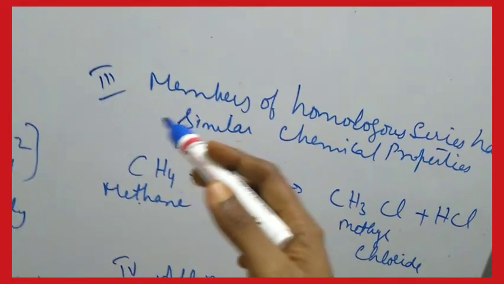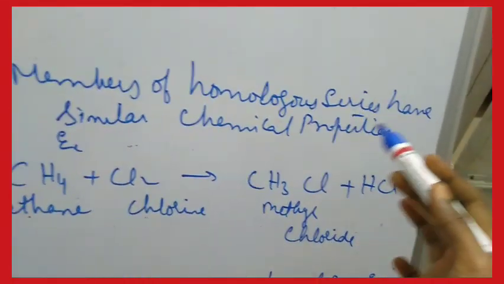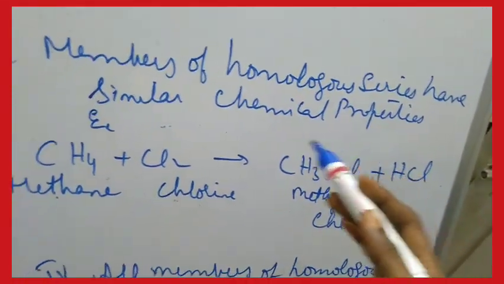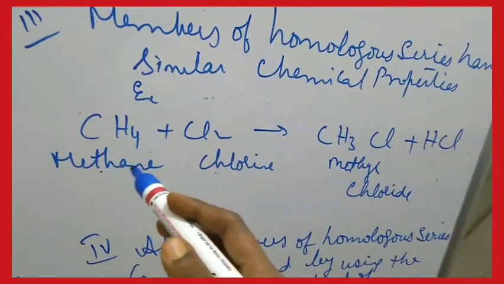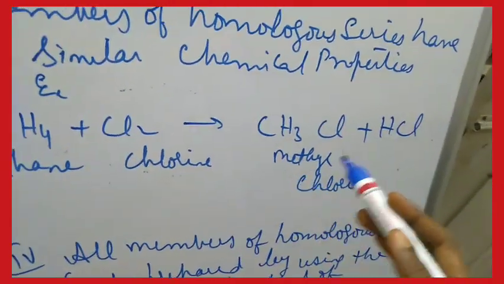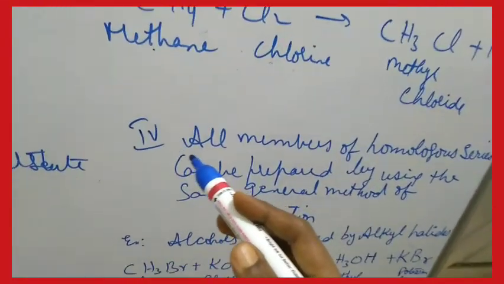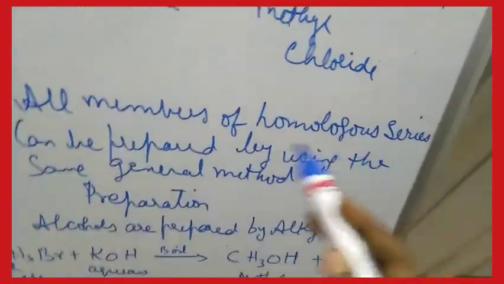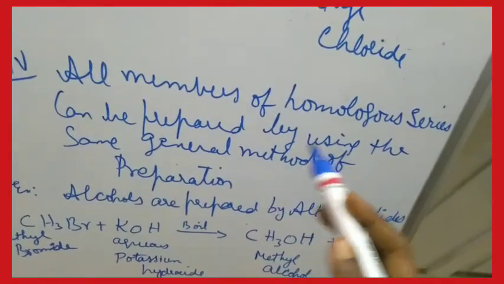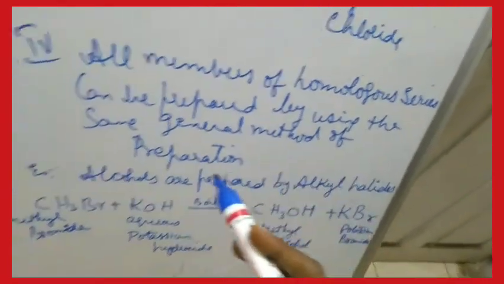Next property is members of the homologous series have similar chemical properties. For example, if you take methane plus chlorine, it becomes methyl chloride and hydrogen chloride is formed. Now for the next one, all members of the homologous series can be prepared by using the same general method of preparation.